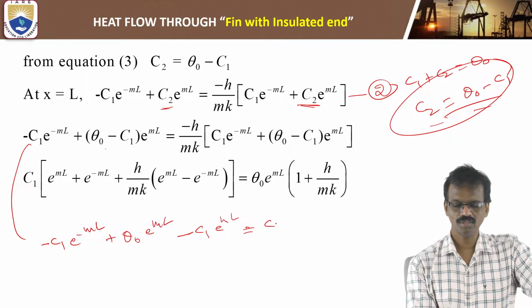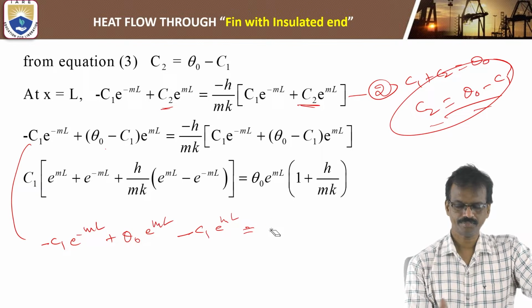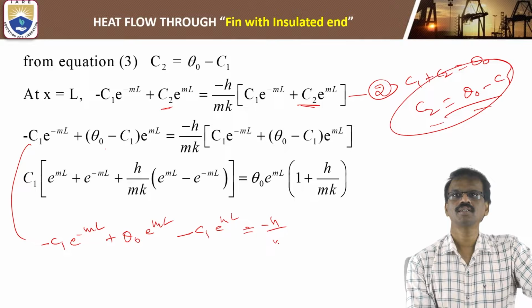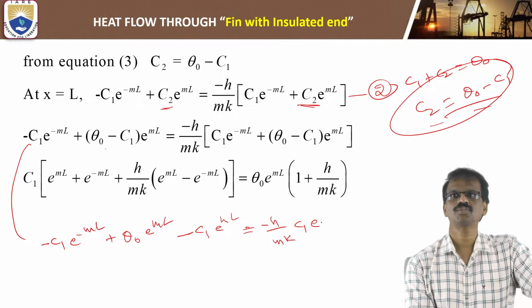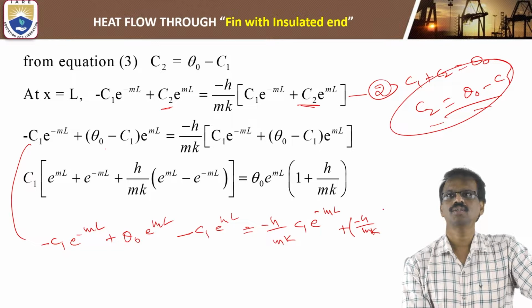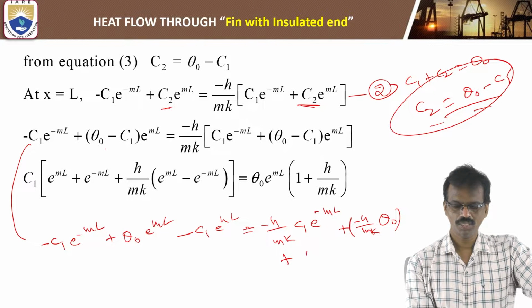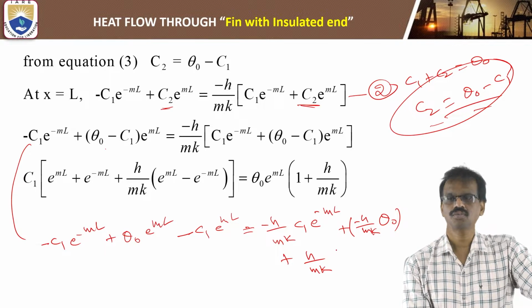So minus h by mk C1 e to the power of minus ml plus, minus h by mk into theta naught. Minus and minus plus, so h by mk into C1 e to the power of ml.